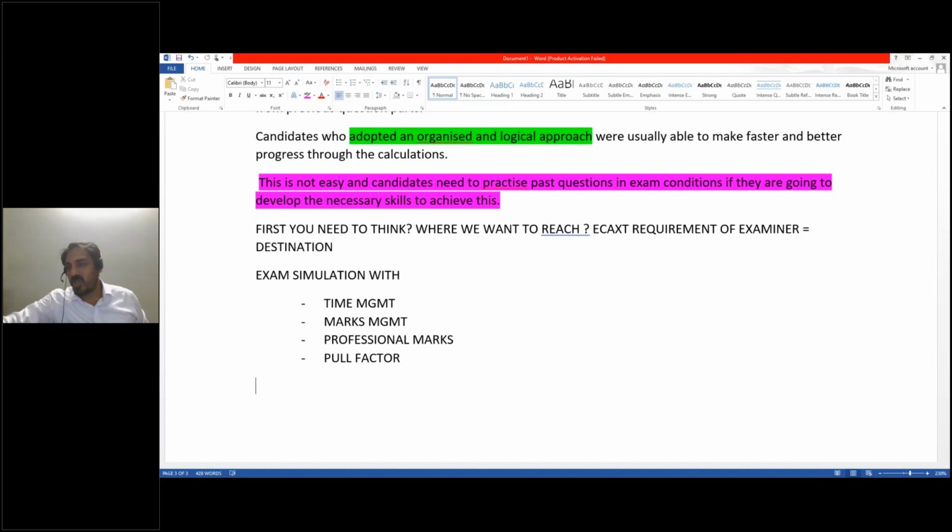Please focus on qualitative strategy. That is what ACC hired me for, not for rote learning or practicing questions the way you normally do, with a push factor. Keep going. If someone asks whether you have got the examiner's exact requirement, you will not be able to explain. So practice in this manner. That is the point.